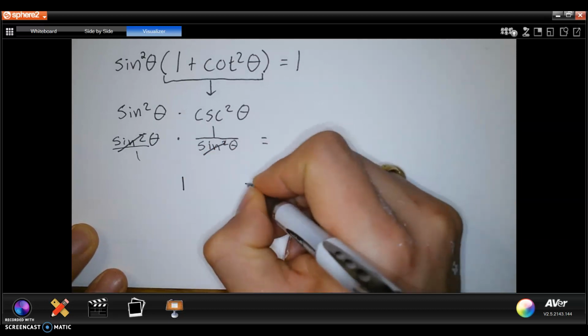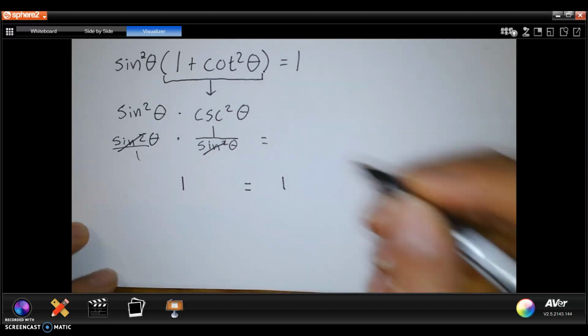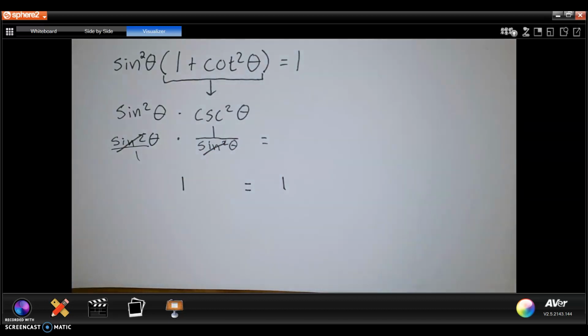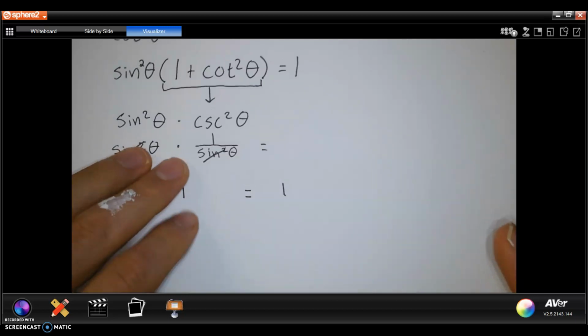We're left with 1 equals 1. Pretty simple example there. Again, it's kind of putting these ideas together. A lot of times we substitute so we can simplify, to substitute again, or we substitute so we can simplify. It's really rearranging all of the pieces so we have something much easier to work with.